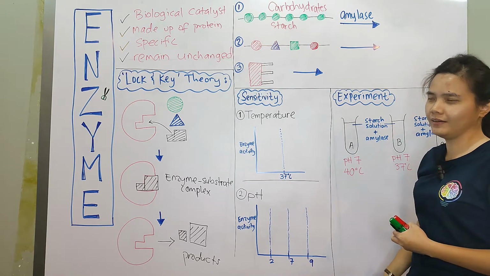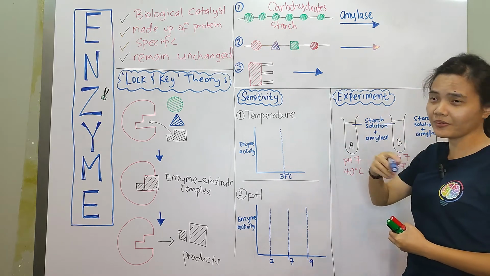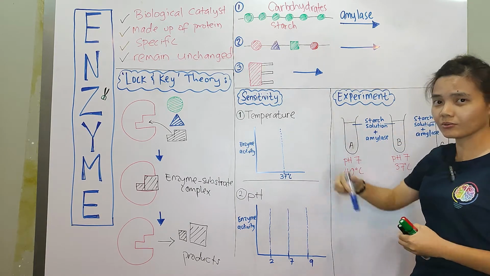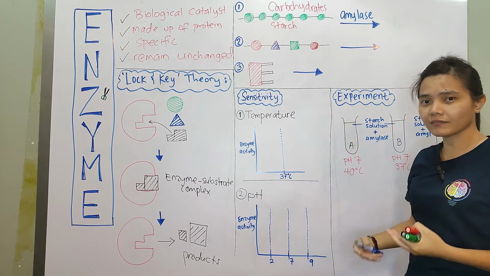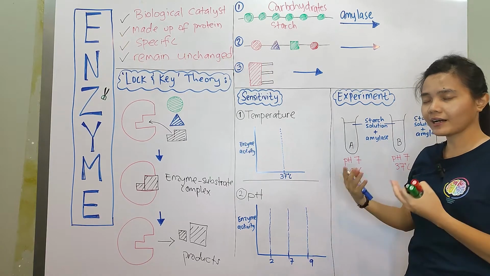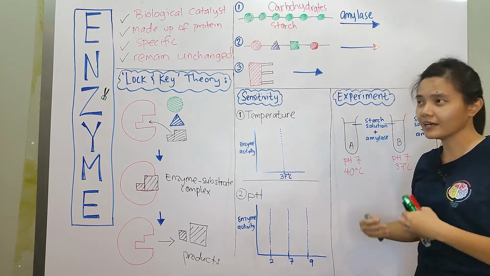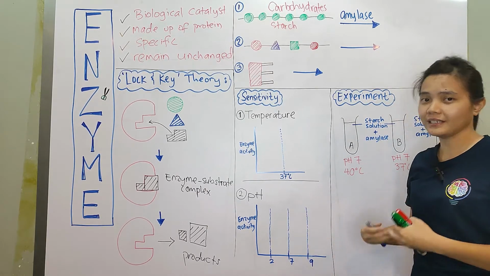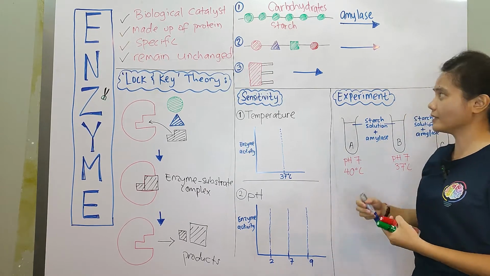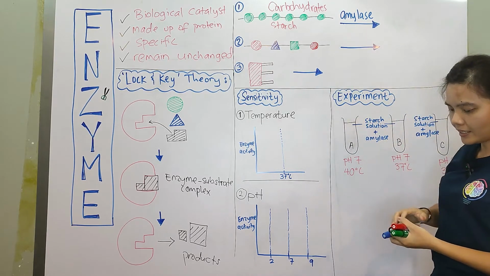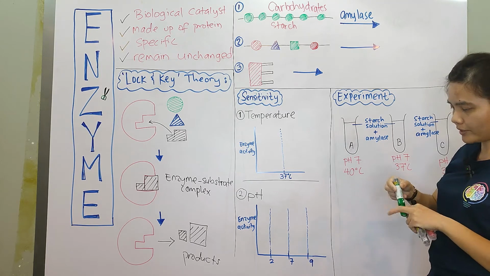So now you should know that carbohydrate is broken down by amylase. Keep telling yourself that carbohydrate is broken down by amylase. Starch is broken down by amylase, right? So carbohydrates or starch are broken down by amylase into smaller products.